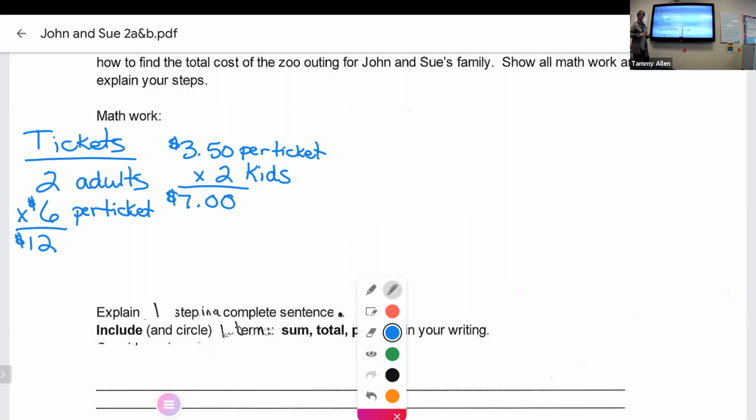Are we done with the tickets? We have extra. What's the $4? $4 for the teen?